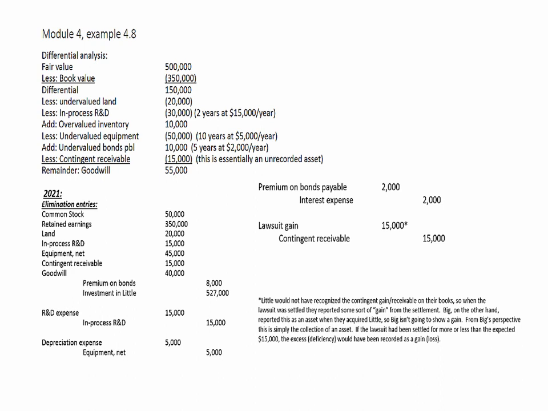If they actually collected $20,000, that extra $5,000 would be a gain. So it would be the exact same entry. We would go ahead and debit the lawsuit gain for $15,000 to get rid of the expected portion. The remainder of that $20,000 gain that Little is reporting, $5,000, would still be reported on the consolidated income statement.